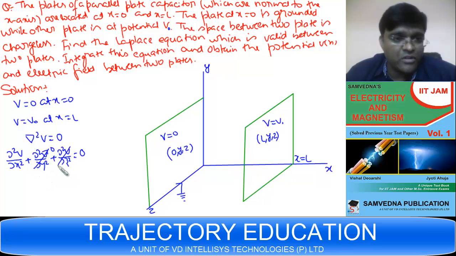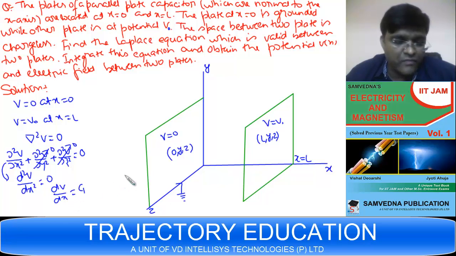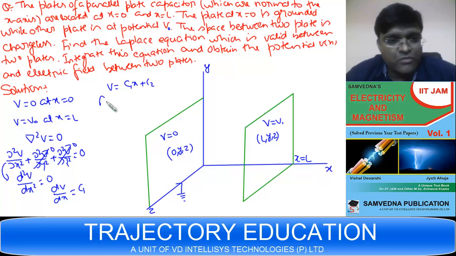So the derivatives with respect to y and z are going to be 0. Since V is a function of x only, the Laplace equation can be written as d square V by dx square equals 0. If I integrate it once, I get dV by dx equal to c1, and if I integrate it once more, I get V equals c1 x plus c2.